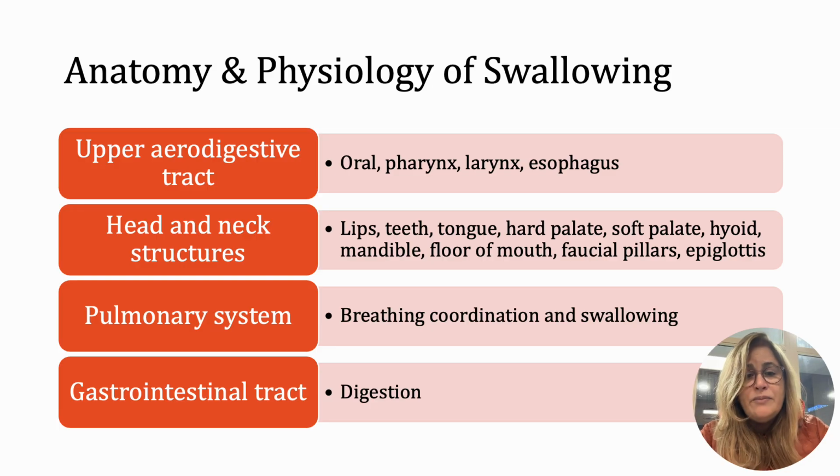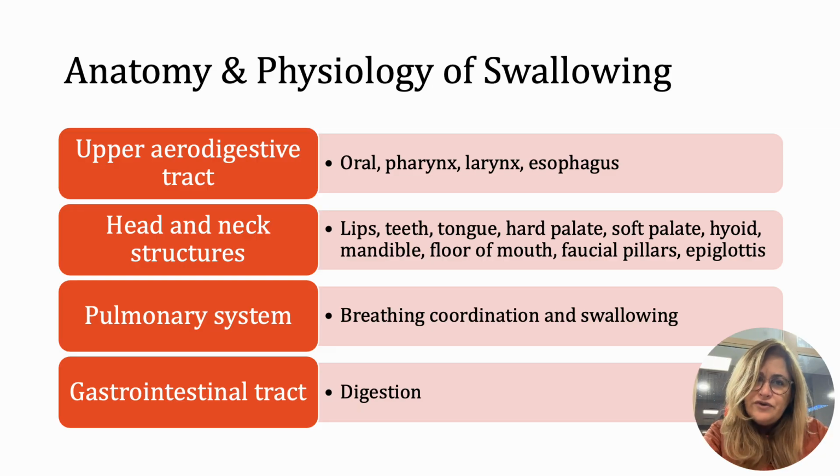The first one is the upper oral digestive tract that comprises the oral cavity, pharynx, larynx, and esophagus. Head and neck structures, and when we think about head and neck structures, I'm talking about articulators and other structures like lips, teeth, tongue, hard palate, soft palate, hyoid, mandible, floor of mouth, facial muscles, epiglottis, and so on.